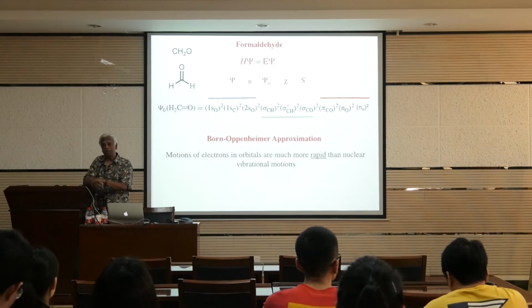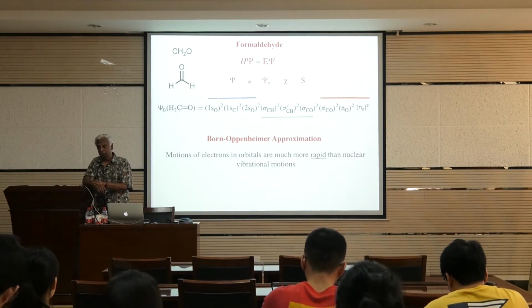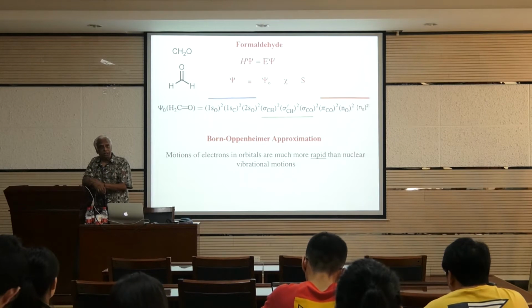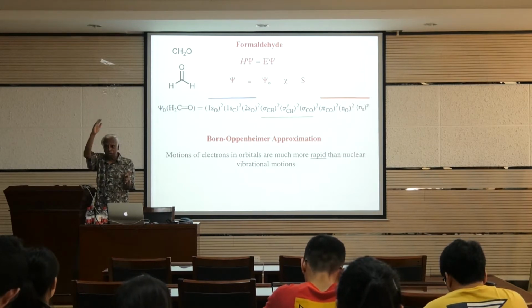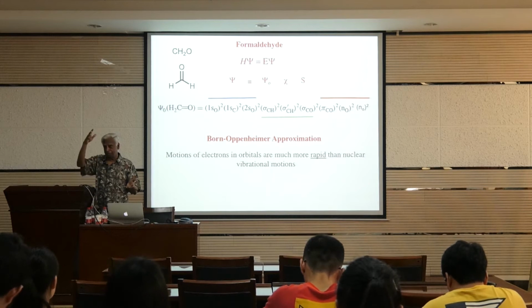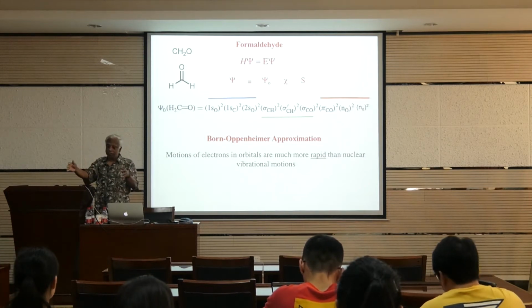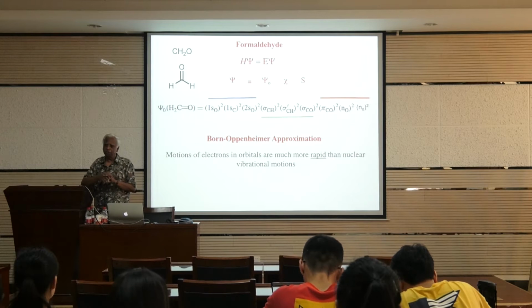It's much, much faster than how fast the nuclei can move. So the electrons are like a small bee, whereas the nuclei are like an elephant. For the elephant to move and for the bird to move, they are very different time scales. So when the bird is moving, the elephant is still trying to walk slowly. Okay, so here.